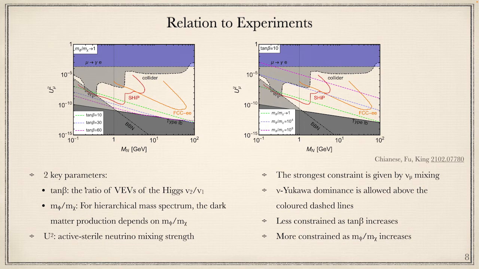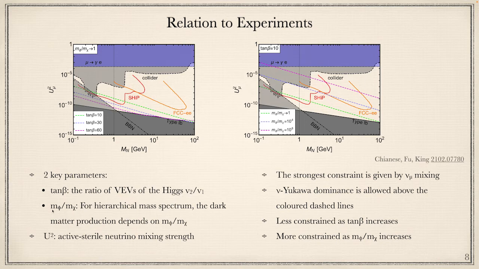In the neutrino portal extension of the type 1b Seesaw model, there are mainly 2 key parameters affecting dark matter production. The first one is tan beta. It is commonly defined in the study of 2 Higgs doublet models as the ratio of the VEVs of the 2 Higgs doublets.